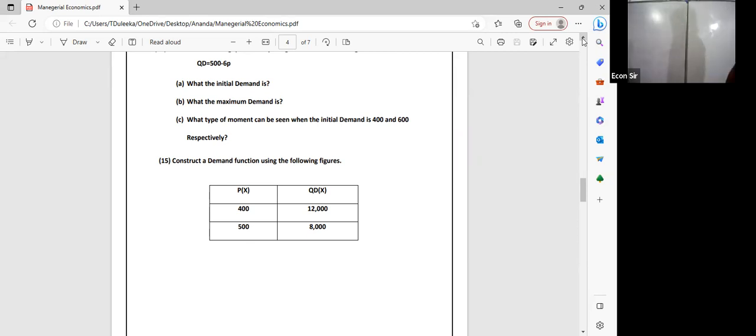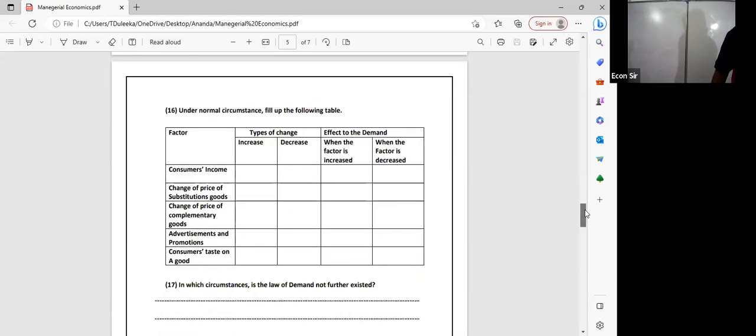Right? Now 16 onwards we have to do. Under the normal circumstances, fill up the following table.